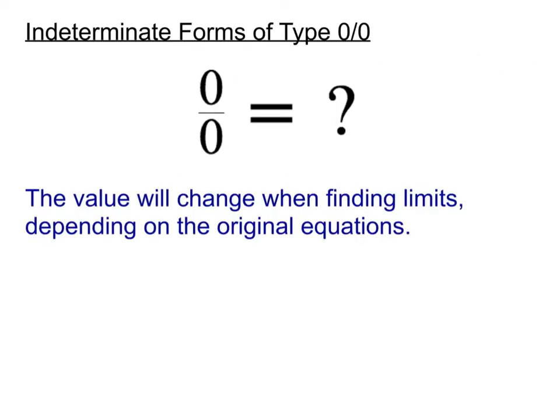Because 0 over 0 is what's called an indeterminate form, particularly of the type 0 divided by 0. The value of 0 divided by 0 will change when we're finding limits based on the original equation that was involved. And so what we're going to be looking at today is some ways to do this type of problem where we can't use some of the methods we looked at earlier.